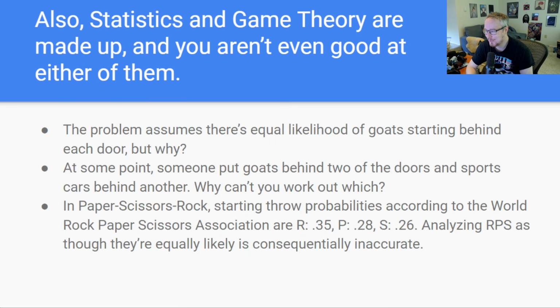Talking about statistics now more than game theory, statistics also made up. The problem assumes that there's an equal likelihood of goats starting behind each door, which is a really fascinating thing to assume.